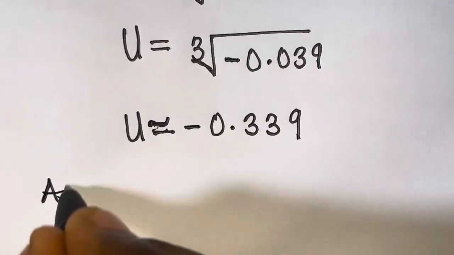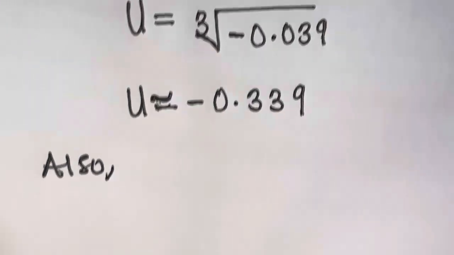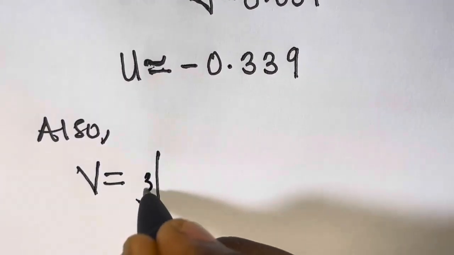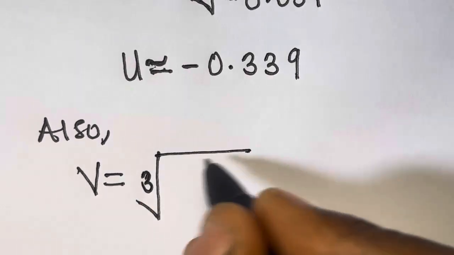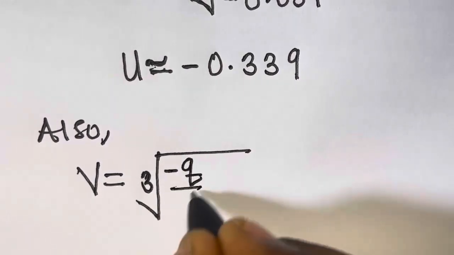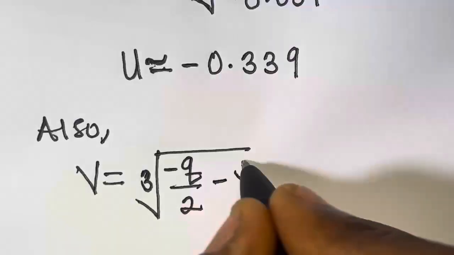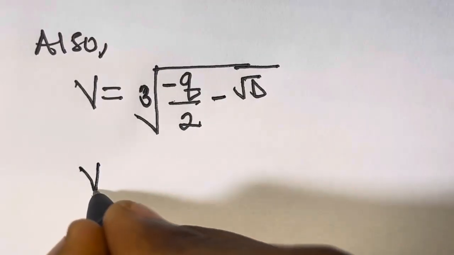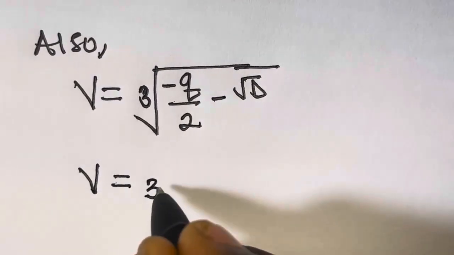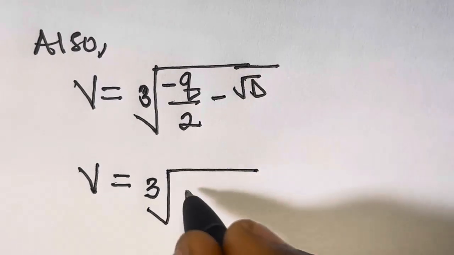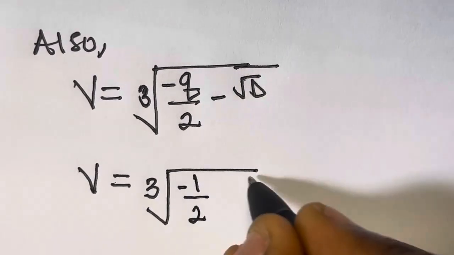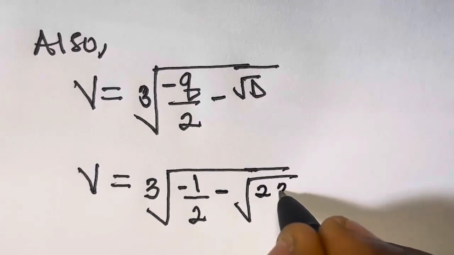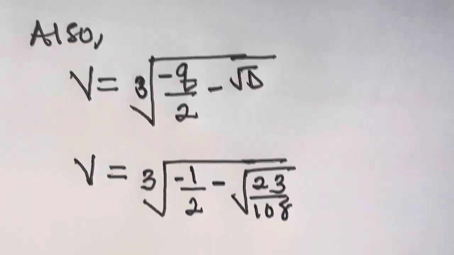Also for v, we have v equals cube root of minus q divided by 2 minus square root of d. So v equals cube root of minus 1 over 2 minus square root of 23 divided by 108.